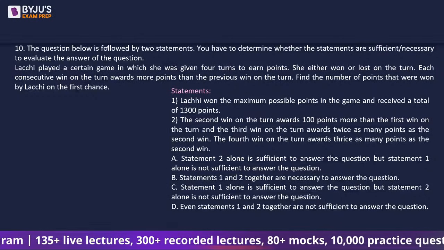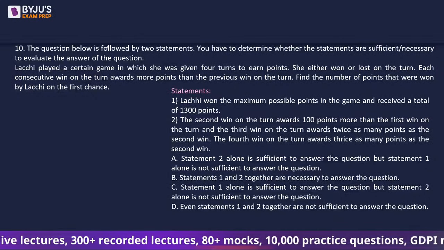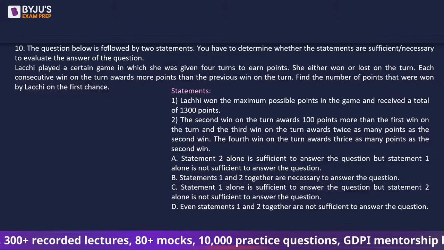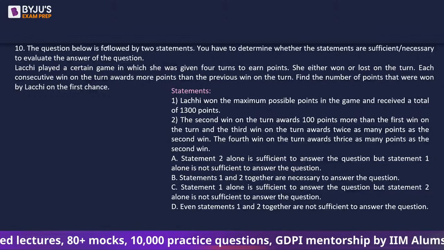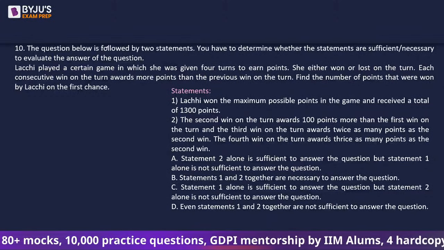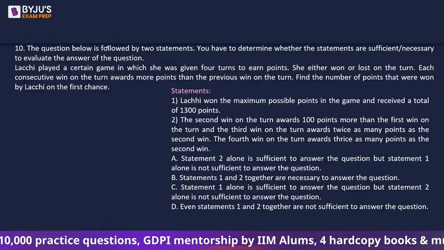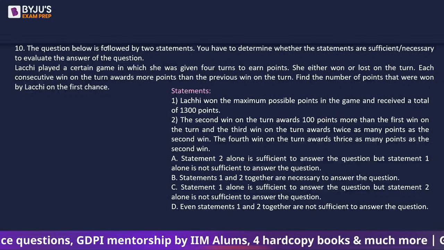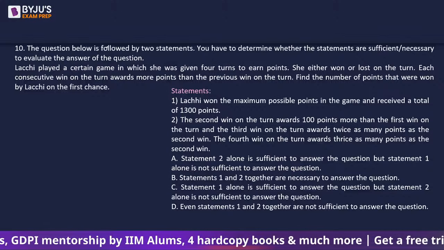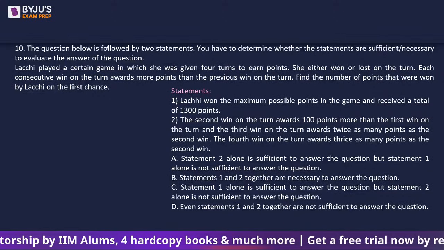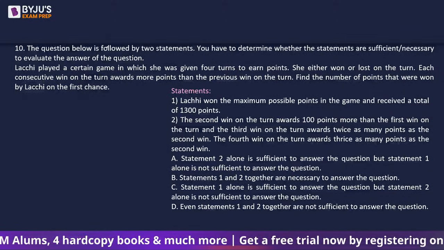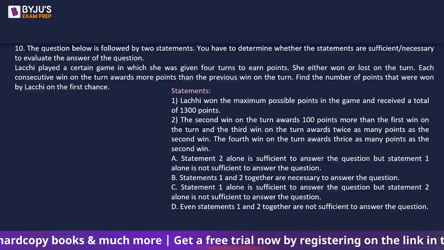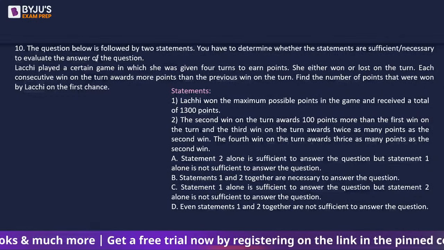Okay, Lachi played a certain game in which she was given 4 turns to earn points. She either won or lost on the turn. Each consecutive win on the turn awards more points than the previous win on the turn. Find the number of points that were won by Lachi on the first chance. Okay, so this is more like an LR, a puzzle-based part.